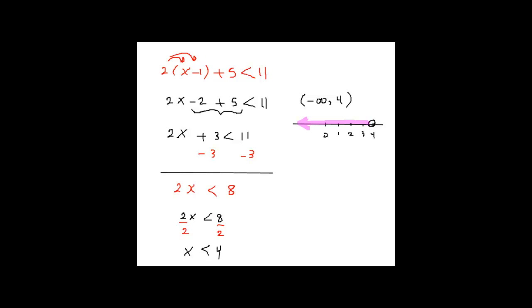Now, if I say equal to also, then we have to include the endpoint. So this point here, 4 would be included, and then this would become a bracket instead of a parenthesis. That's the difference. So if the endpoint is included, use a bracket. If it's not, use parentheses, and that's the interval notation that I was referring to.